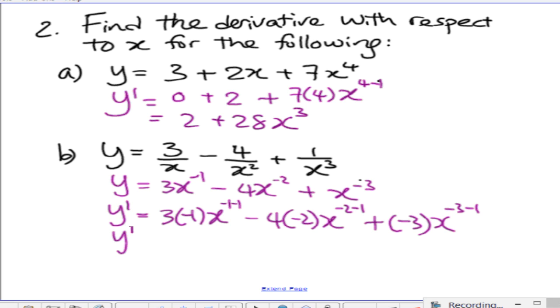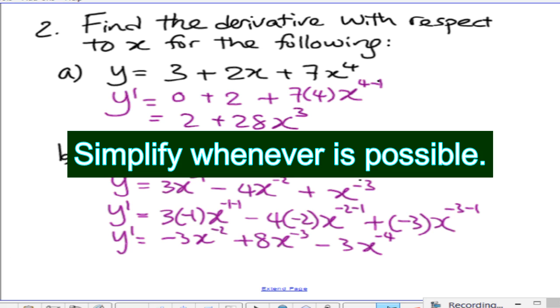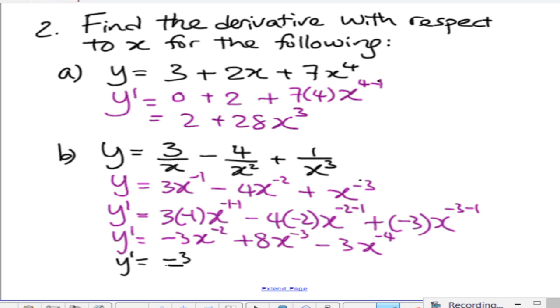So y dash in this case is negative 3 x to the power of negative 2, and negative becomes positive, plus 8 x to the power of negative 3, and then minus 3 x to the power of negative 4. So this can be rewritten as y dash equals negative 3 over x squared plus 8 over x cubed, and then minus 3 over x to the power of 4. And that's it.